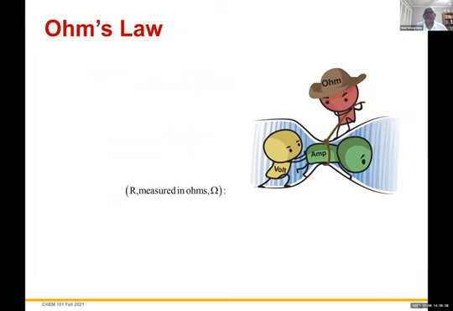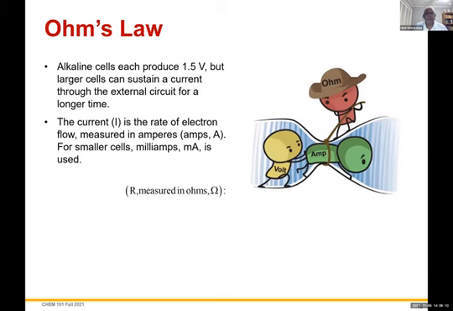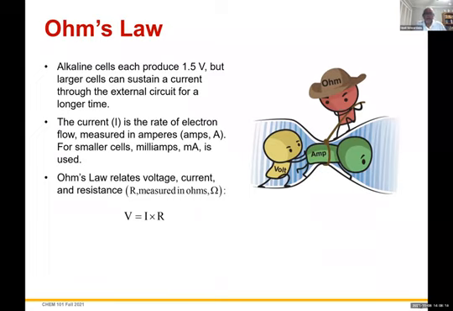Now let's look at Ohm's law. Ohm's law relates electric potential V, which is equal to the current going through the wire times the resistance. The red guy is the resistance.